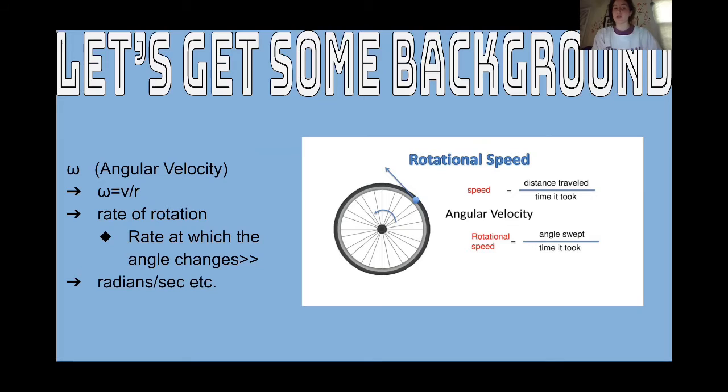But since it's also the rate of rotation, which is the rate at which the angle changes, another equation you could use is the angle covered over the time it took to cover that angle. So that's really all you need to know about this one.